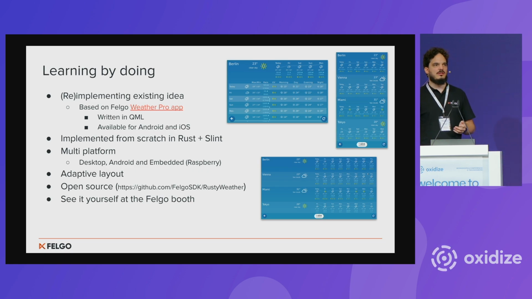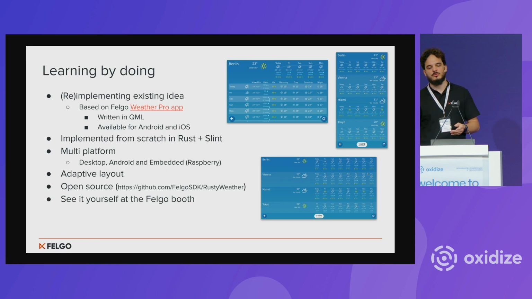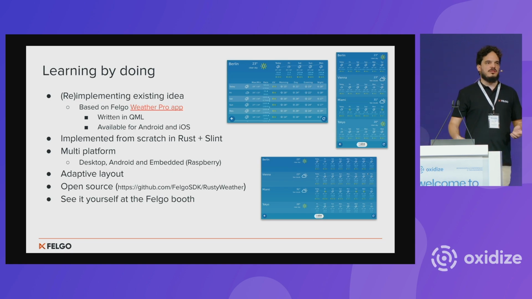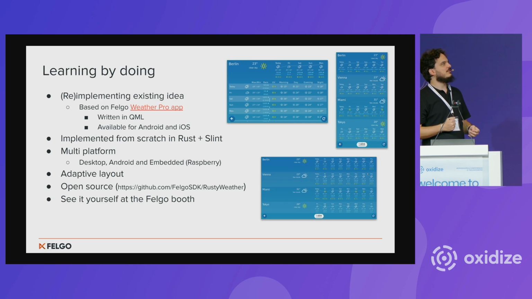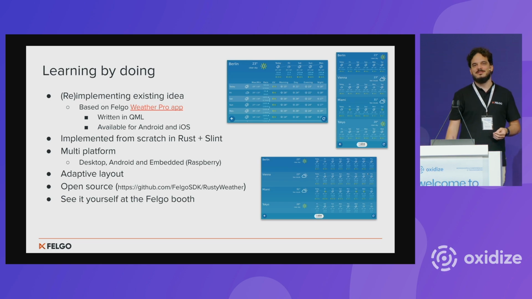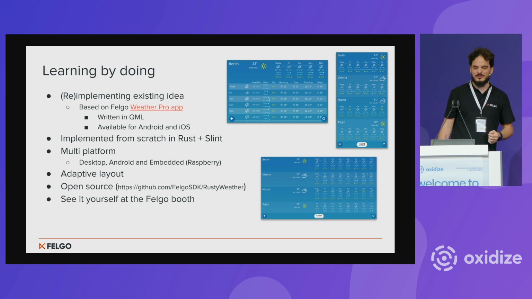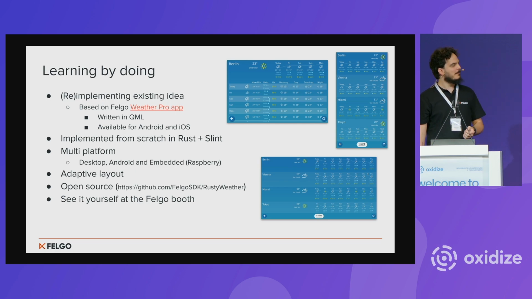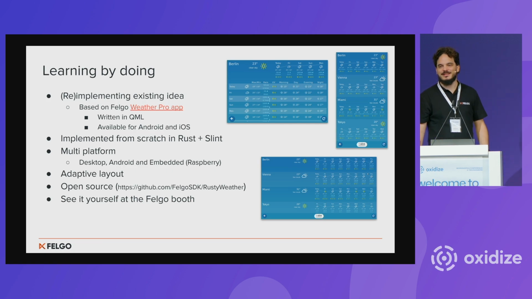And it is multi-platform, so available for desktop, embedded. It is running on a Raspberry device and Android as well, with an adaptive layout, and all of it is open source. So if you want to take a look at the code and maybe give us some tips on how to improve it, you can find it on the Felgo SDK's GitHub repo as the Rusty Weather app. And you can always come to the booth while you're still here and test it yourself.